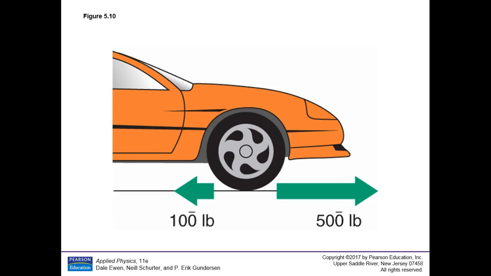The road is pushing on the tire in that direction, net 500 pounds, but friction is retarding the tire at 100 pounds. Both of those are on the tire. That's net force. Net force is always on the same object.